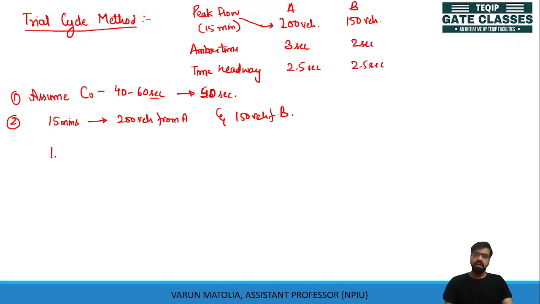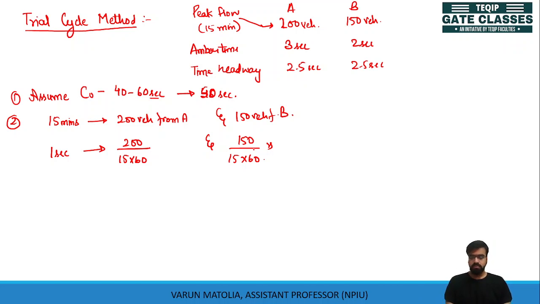So in 1 second from direction A, we have these many vehicles, and from direction B we have these many vehicles. Let's calculate the number.